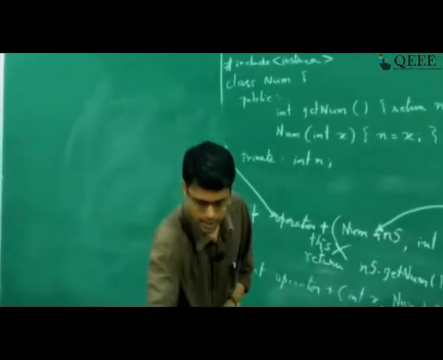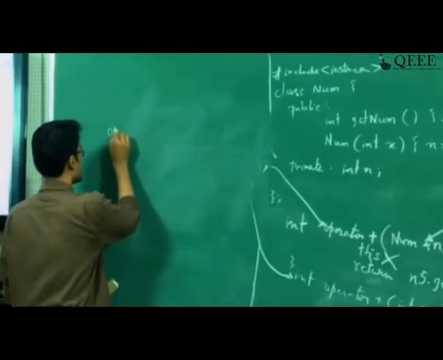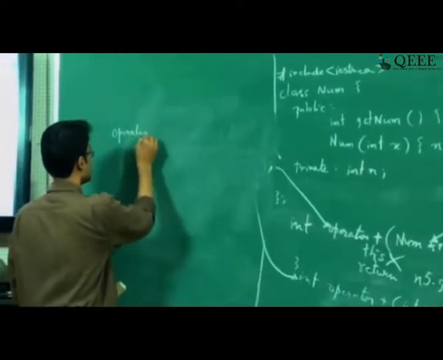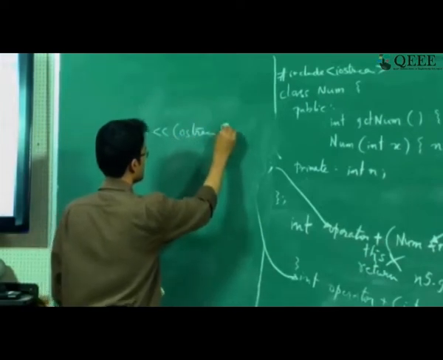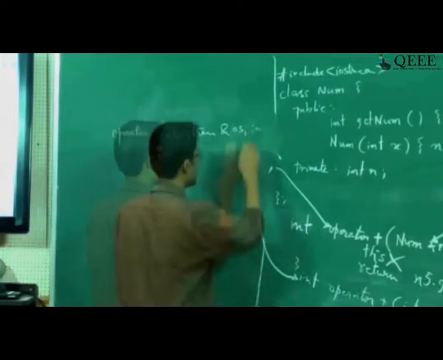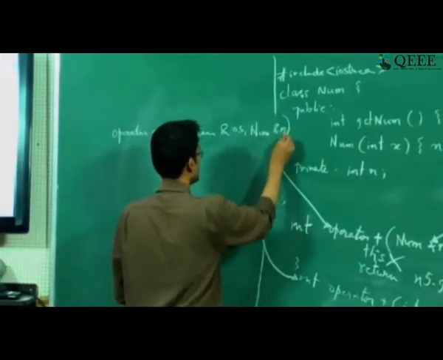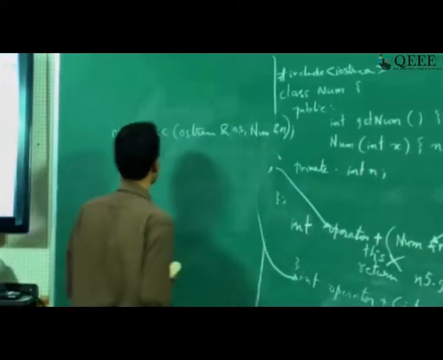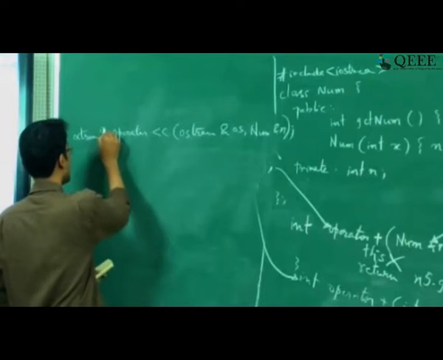What we are seeing is that there is an operator left shift which is defined with ostream and, let's say, integer. Let's say this is the signature of that, with std added and so on.